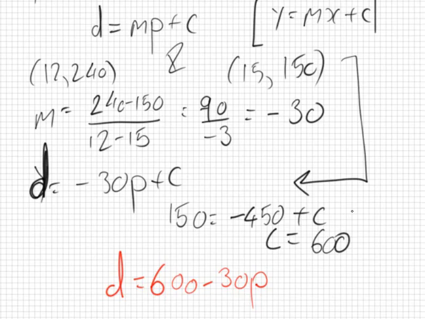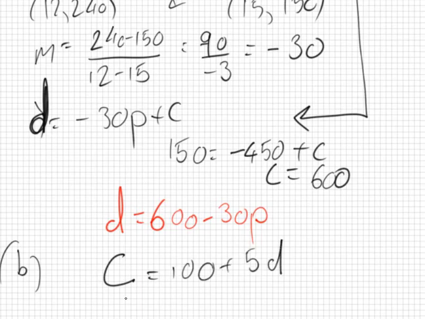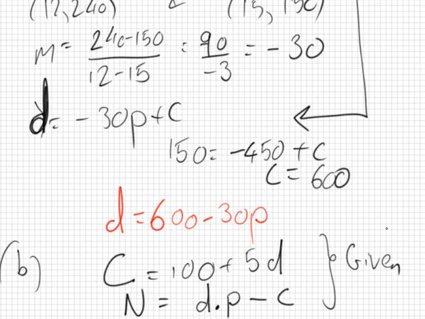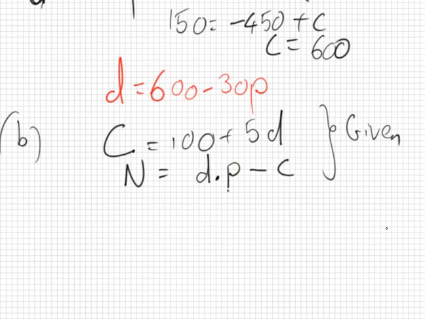Okay, B part. We're told that the cost equals 100 plus 5 times how much he sells, and the profit is equal to how much he sells, multiplied by the price he sells it for, minus the cost. So these things are given. He wants us to simplify C and N. We'll start off with C first.